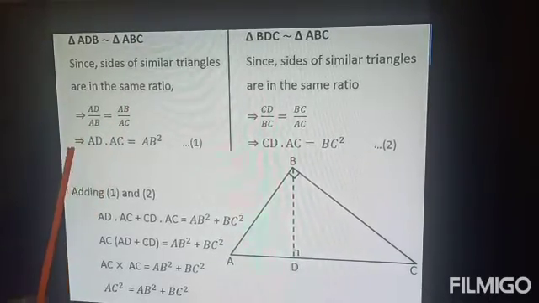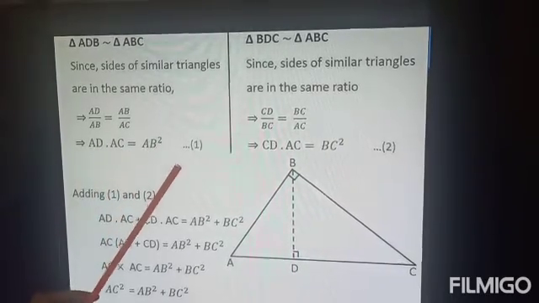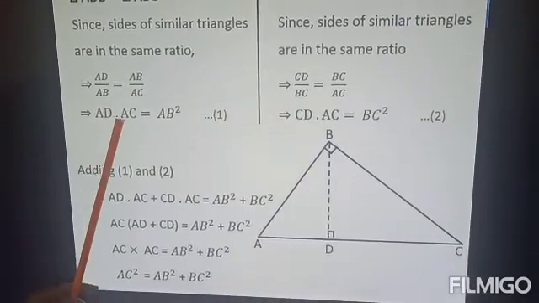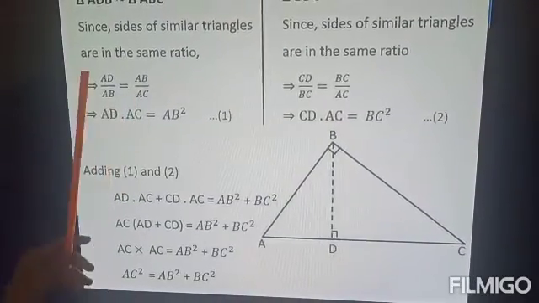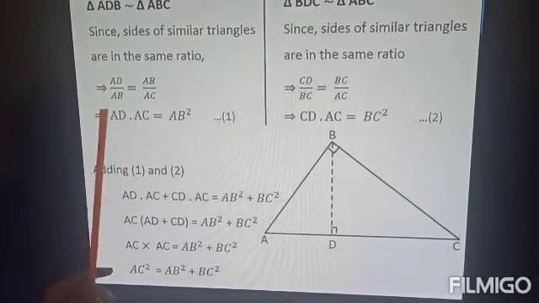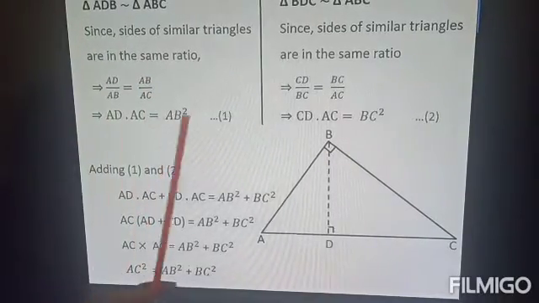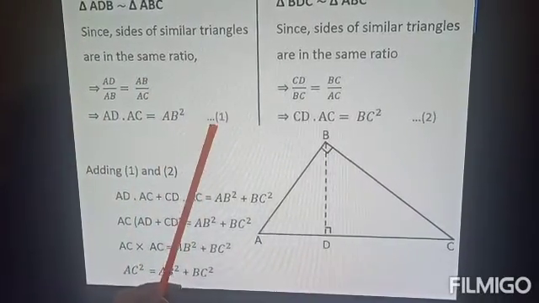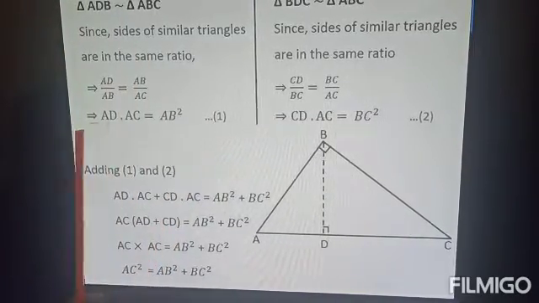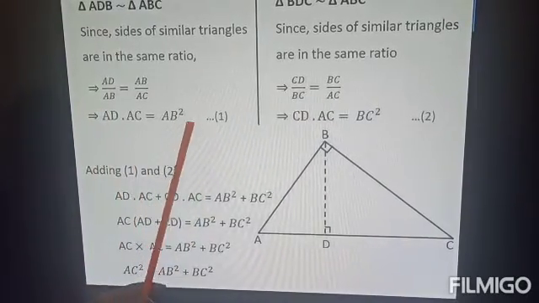This implies AD into AC is equal to AB square, cross multiplying AD and AC. AD into AC is equal to AB into AB, means AB square. Let this be equation 1. By taking these 2 similar triangles, we got the first equation, AD into AC is equal to AB square.